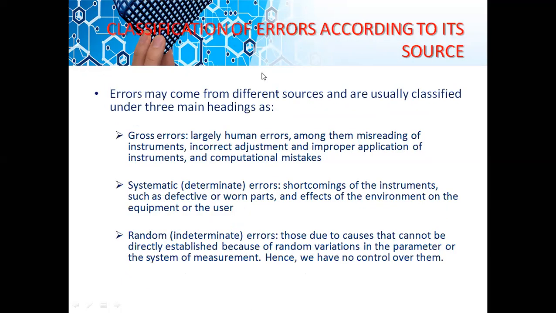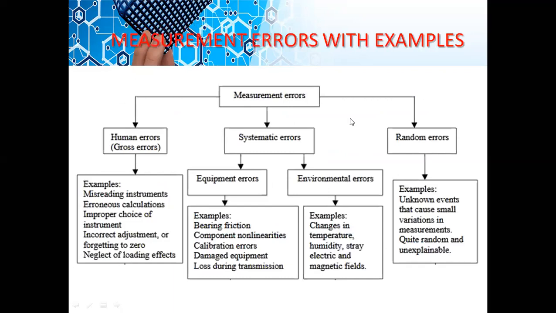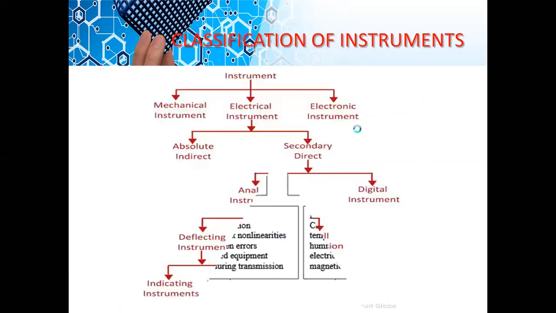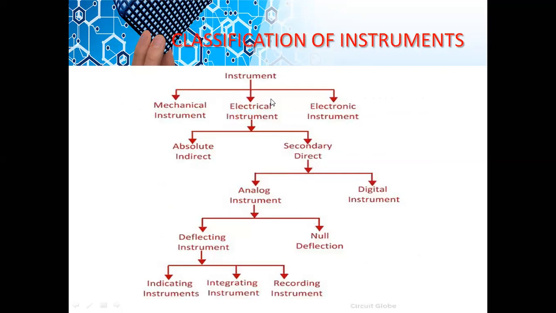And we have seen what are all different types of errors, classification of errors according to its source. We have seen that instrument errors are categorized to gross errors, systematic errors, random errors. We have seen each and every error along with examples. And then we have seen classification of instruments.